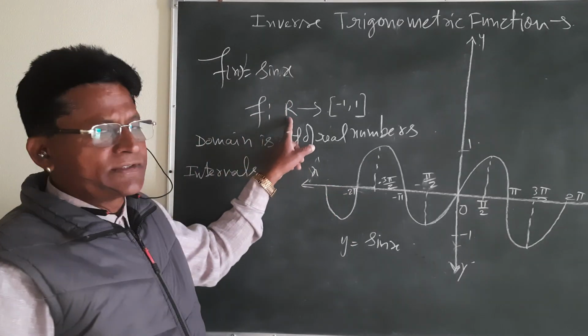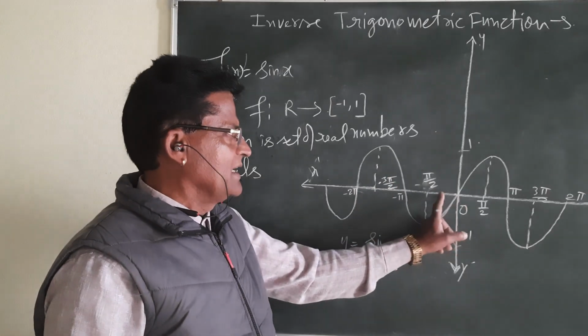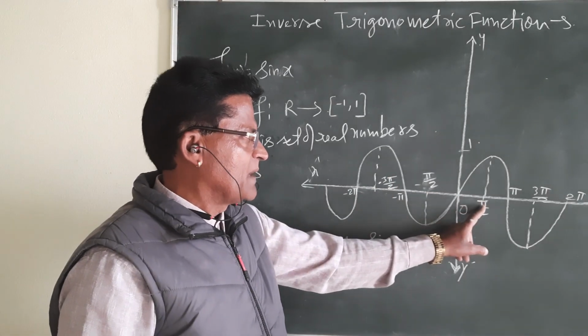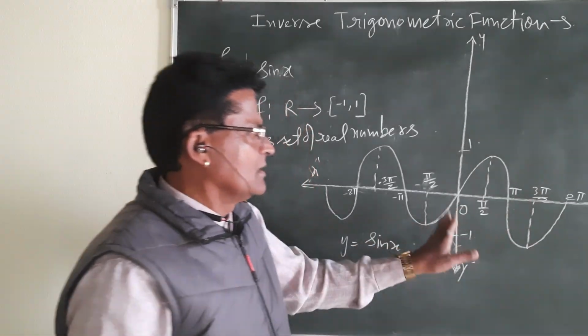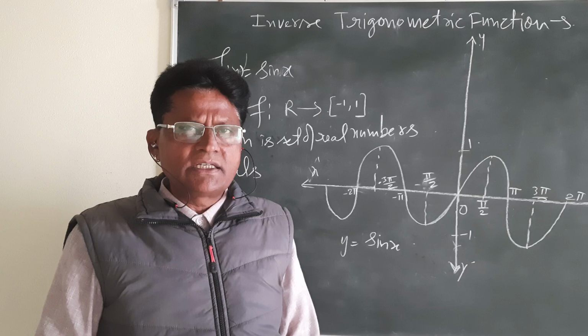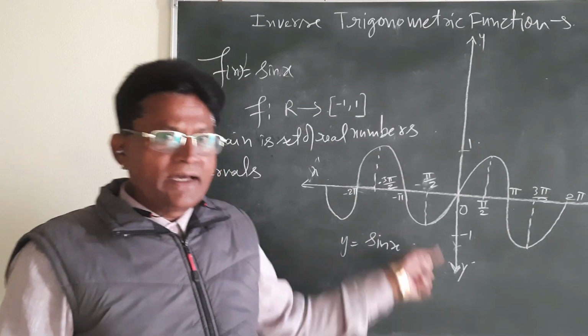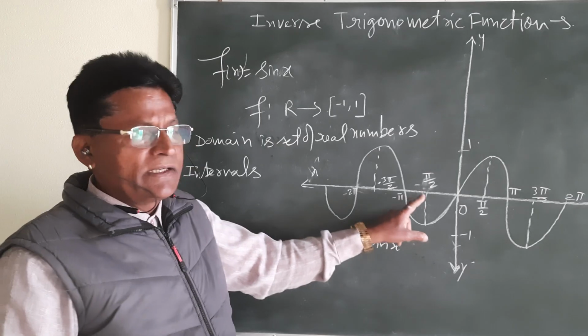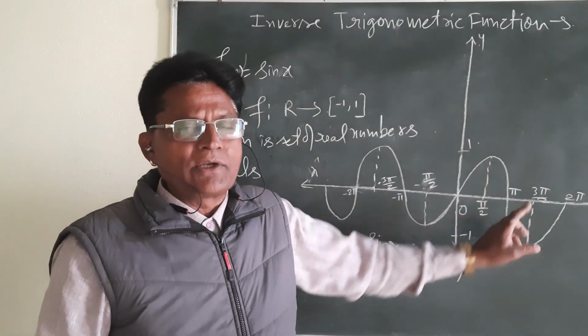That is why you see the domain, I told you that is the set of real numbers. And what will be the intervals? Minus pi by 2 to pi by 2, pi by 2 to 3 pi by 2, and so on. As many intervals as you want to take, you can take up to infinite. But here we restrict the interval to minus pi by 2 to pi by 2.